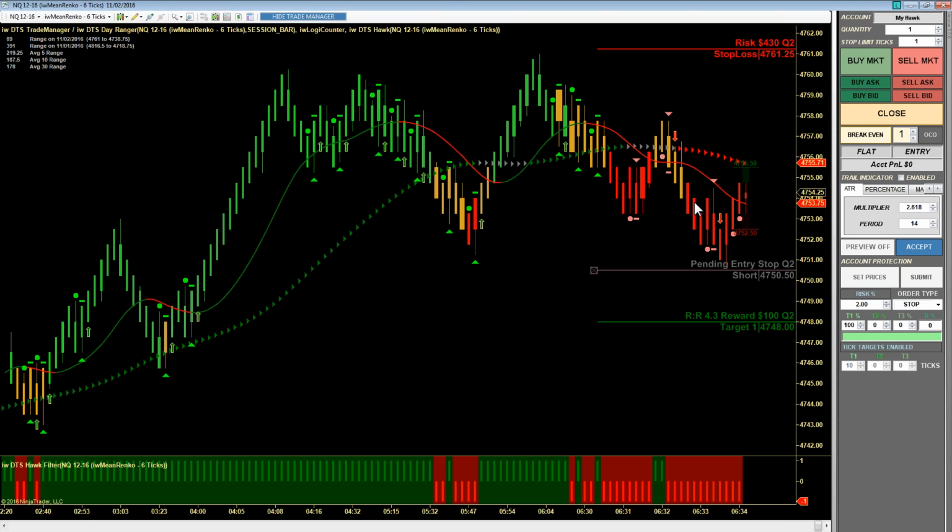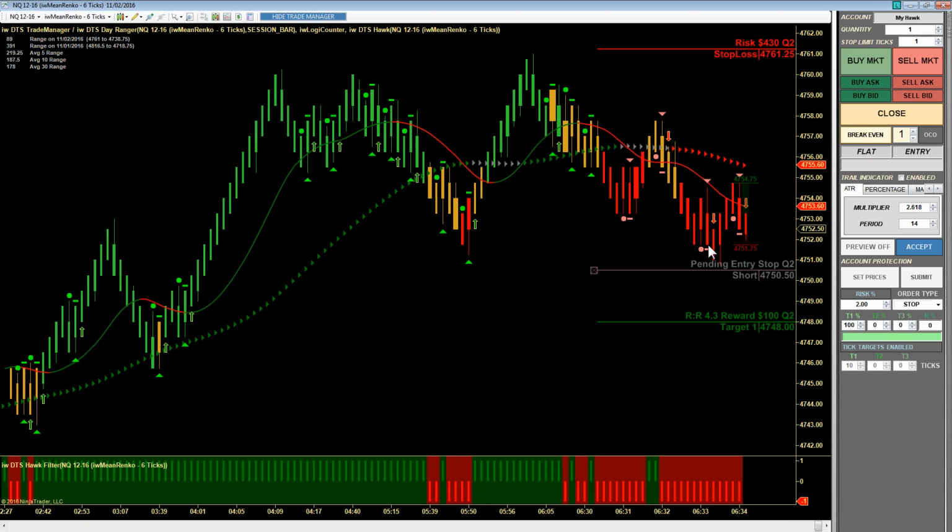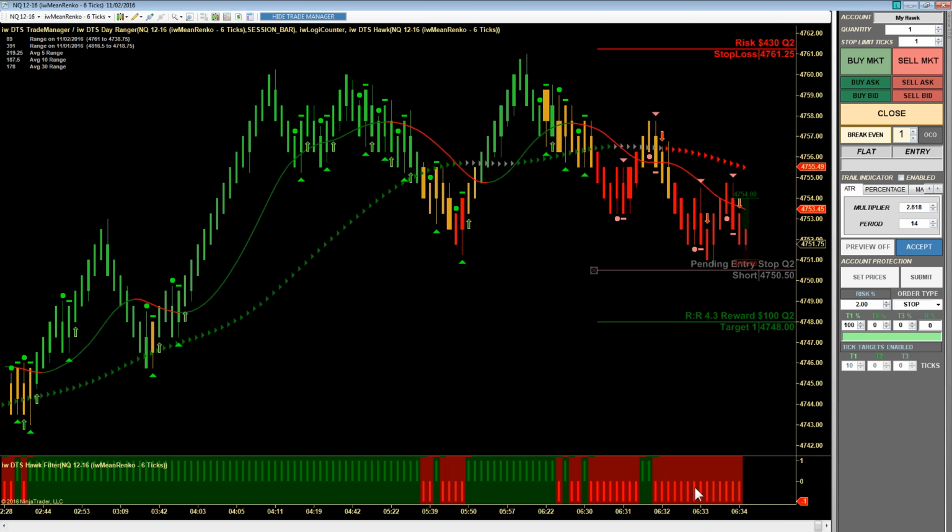The first micro-macro cross signal occurs when the micro line, that's this thin one, crosses over the macro line, that's the thick one. And we print a signal where everything is in sync. So we've got red bars, red signal, red trend lines, red filter. Now you can see the signal actually retreated a little bit and printed again.